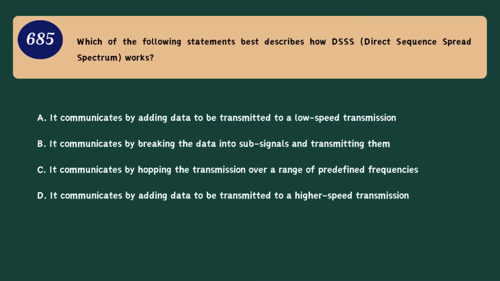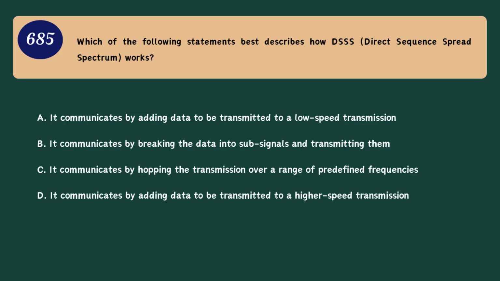Question 685. Which of the following are considered appropriate password practices for a user? DSSS, Direct Sequence Spread Spectrum, works. A. It communicates by adding data to be transmitted to a low-speed transmission. B. It communicates by breaking the data into subsignals and transmitting them.